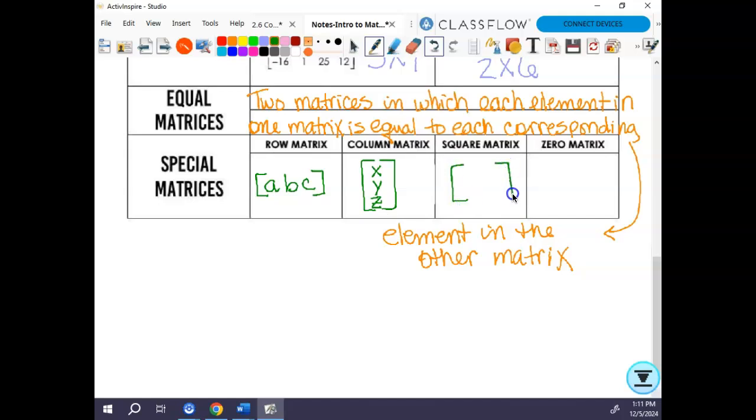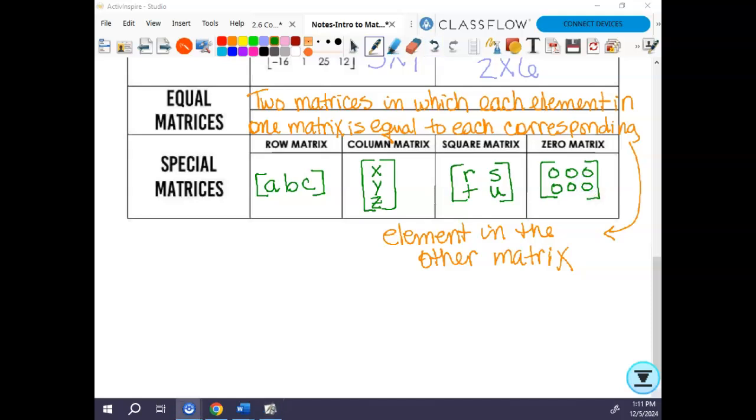A square, R, S, T, U. So any dimension, like a 2 by 2 or a 4 by 4 or whatever. And then a zero matrix could be any size, but only have zeros in there.